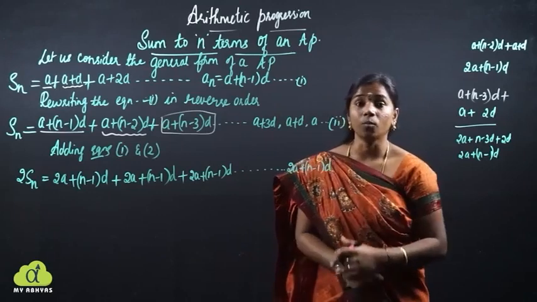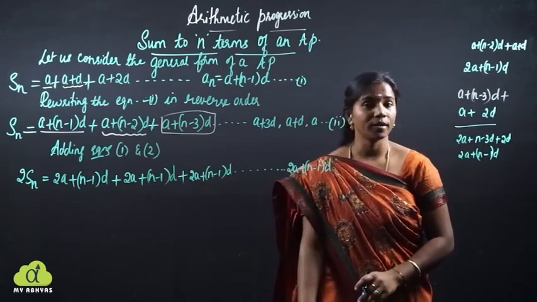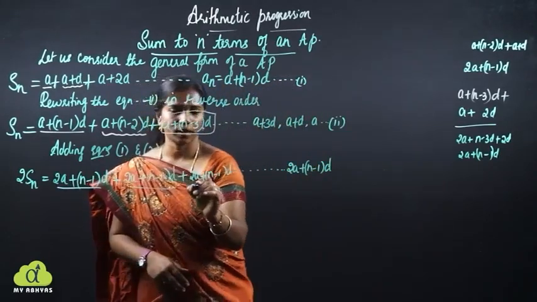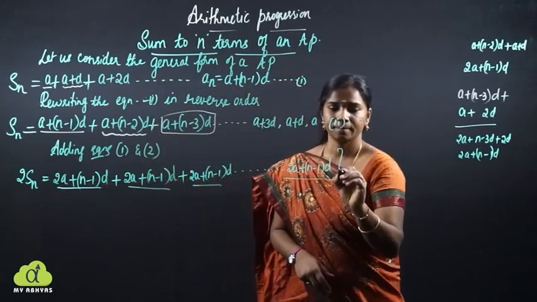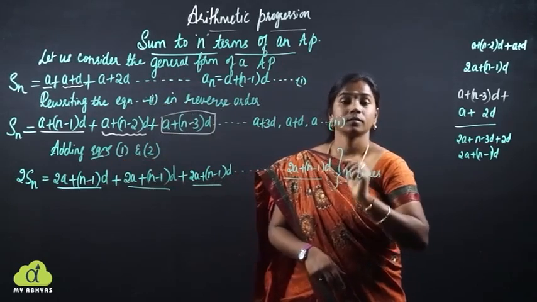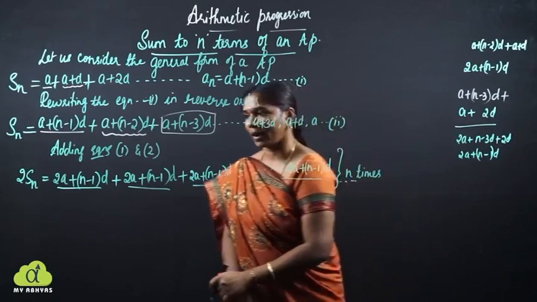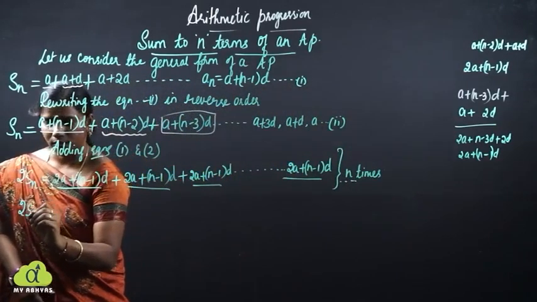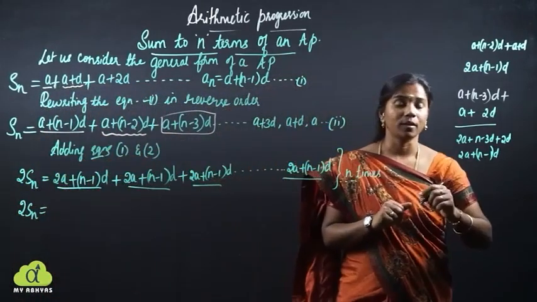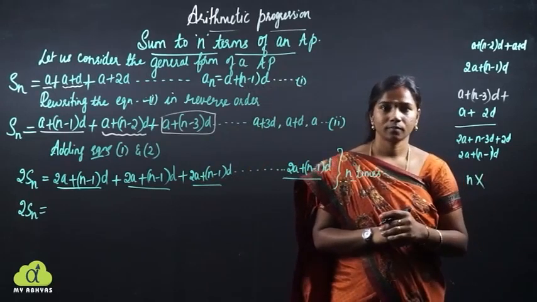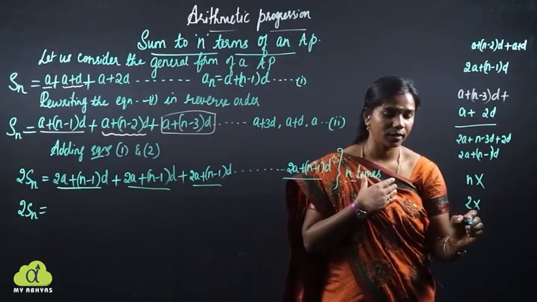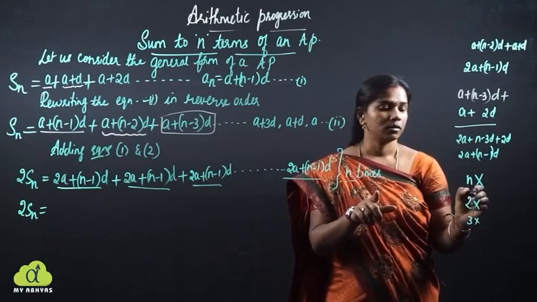Fine. So for how many times will you get this? It is for n times. This same term we are going to get for n number of times. Now we can write that 2 times Sn is equal to, instead of writing n number of times, n times can be written as n into. 2 times means 2 into, 3 times means 3 into, times can be replaced by the symbol into.